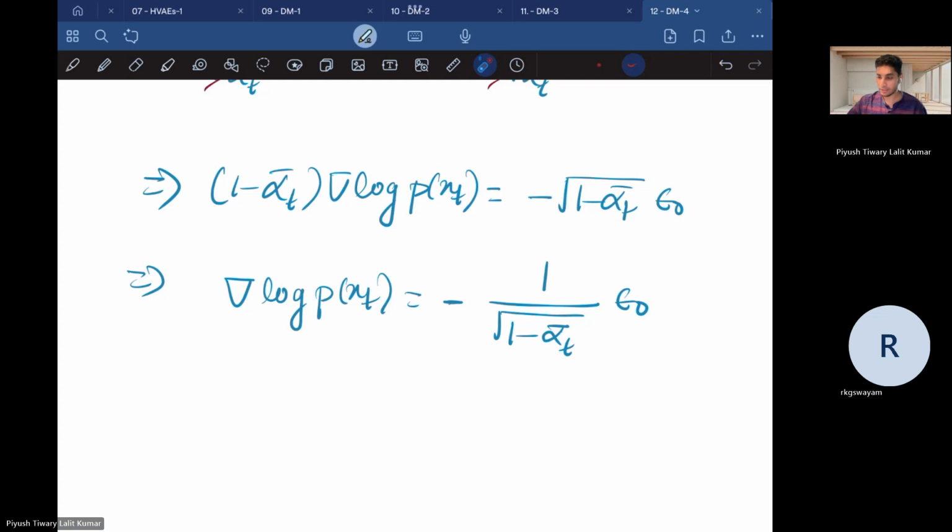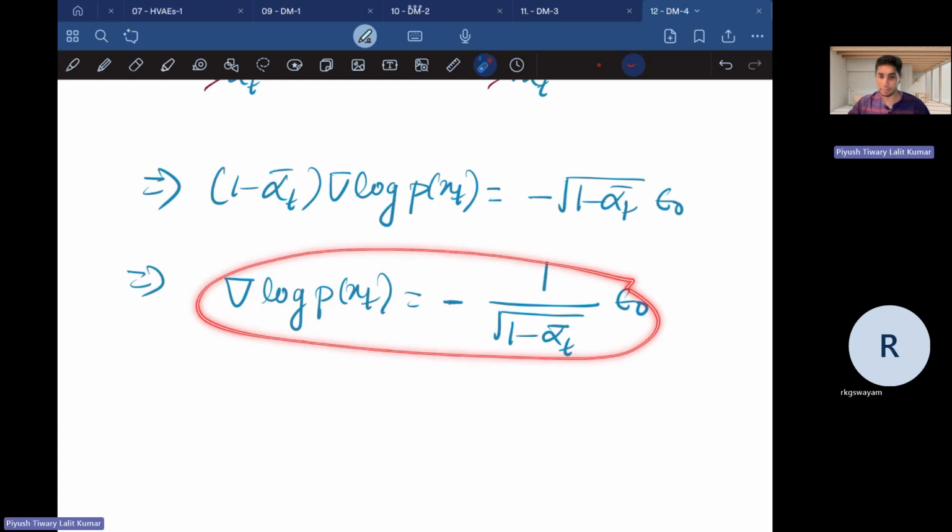You added epsilon to get the noisy version xt, so you need to go in the opposite direction to denoise it. And that denoising direction is equal to the score direction, the direction in which you have to move in order to maximize your log likelihood. This is the mathematical proof that justifies this intuition.